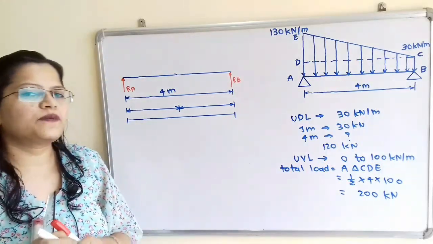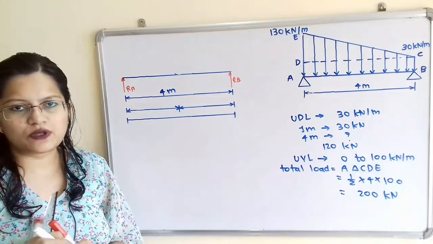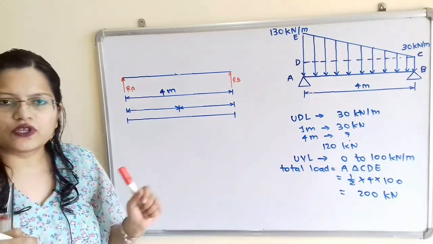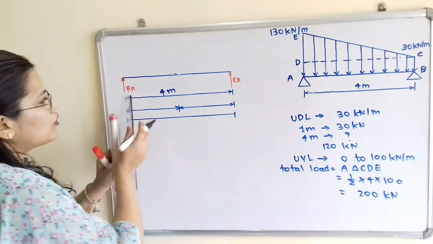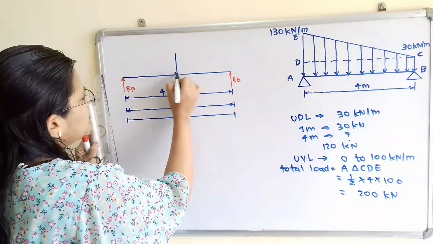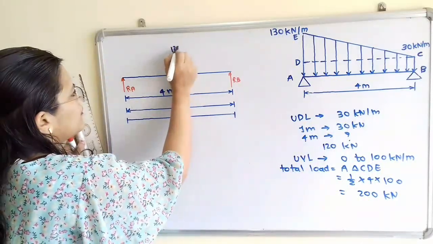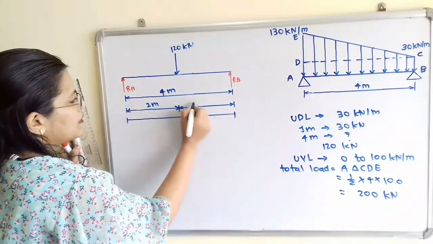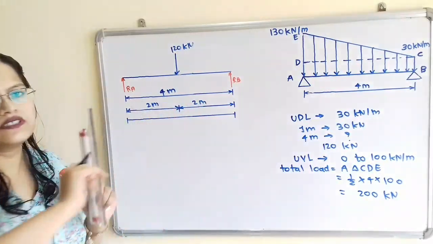So where is the point of application of this load, or we can say center of gravity of this load? For the uniformly distributed load, the load is applied at the center point. So here is the center point and load is 120 kilonewton. So here the distance is 2 meter and 2 meter on both the sides.